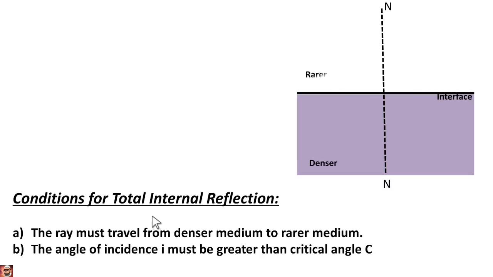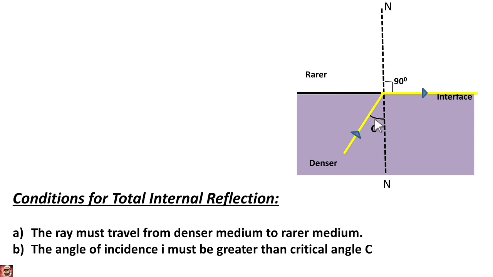Now let's see here in the diagram. When the light is traveling from denser medium to rarer medium, at one angle of incidence we can see the refracted ray grazes the interface. That angle of incidence we call the critical angle, and here the angle of refraction will be 90 degrees. What happens if I increase the angle of incidence greater than the critical angle?